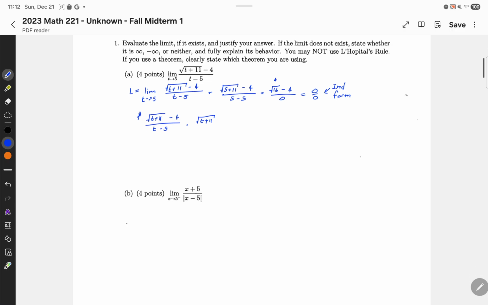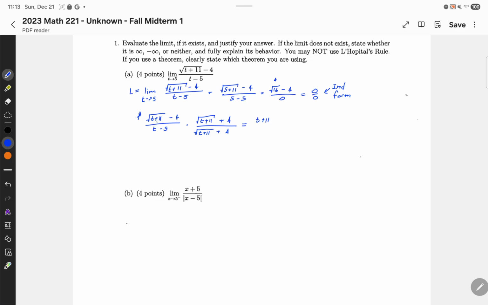So in case you forgot, all we're going to do is multiply by the exact same thing, but instead of a negative, we're going to swap it out for a positive. And then of course we have to make the top and the bottom of the fraction the same, so that in essence we're just multiplying by 1. What this is going to be equal to is, you can imagine foiling, these first two terms multiplied just gives us t plus 11.